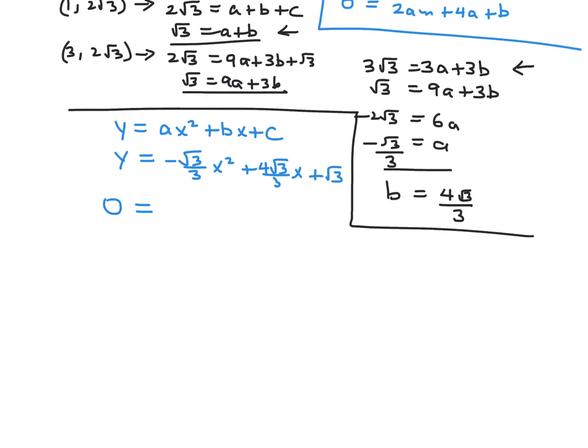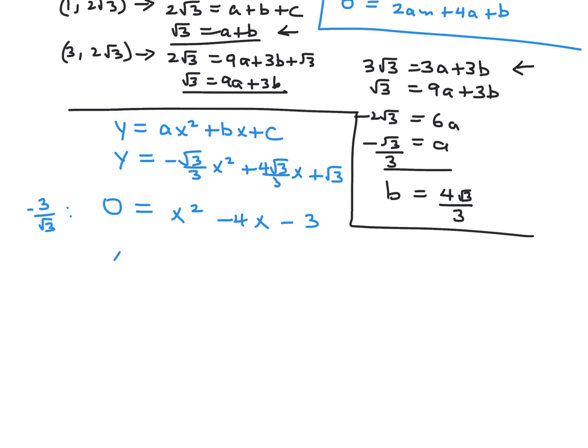So set this equal to 0, and then multiply through. What are you going to multiply through by? 3 over root 3, negative. If you multiply through by that, this will just be x squared, minus, hold on, minus 4, I believe. Yeah, minus 4x. And then this will be just minus 3.